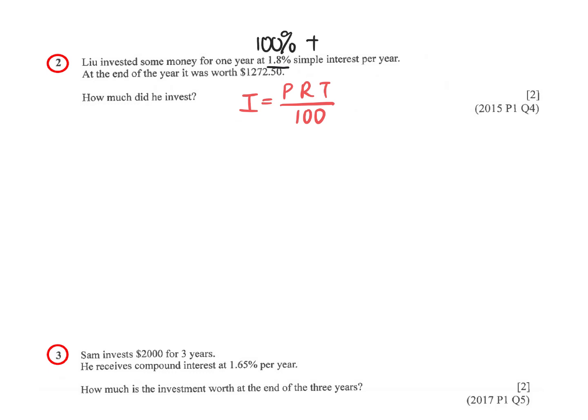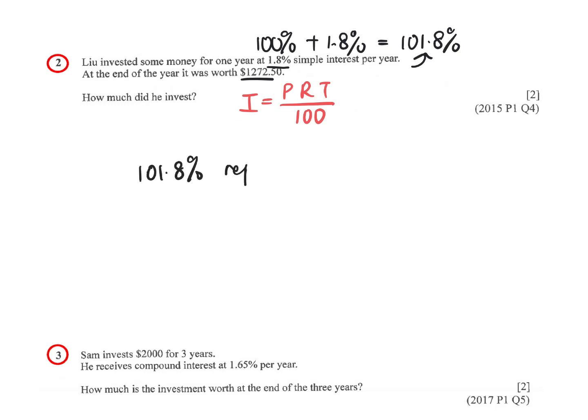I earn the interest of 1.8%, and that gives me 101.8% by the end of the year. So when they give me this amount, 1272.50, that is actually 101.8%.